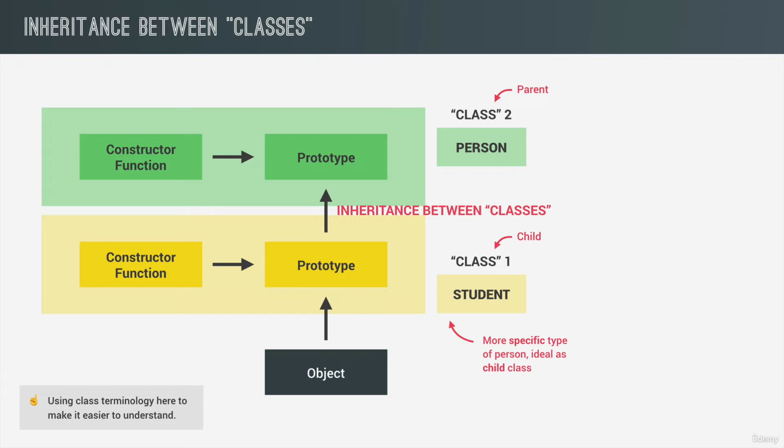Now, just like before, we will start by implementing this using constructor functions. So in this lecture, we will inherit between classes using constructor functions. And this is going to be a bit of work, but it will allow you to understand exactly how we set up the prototype chain in order to allow inheritance between the prototype properties of two different constructor functions.